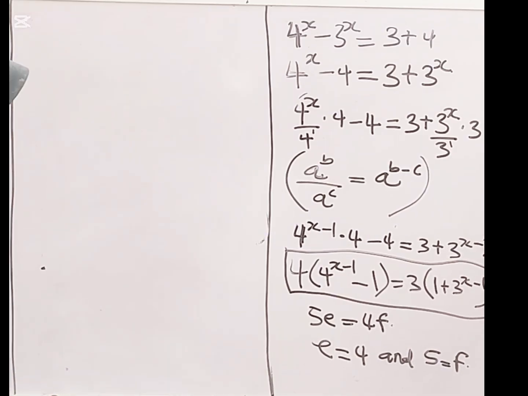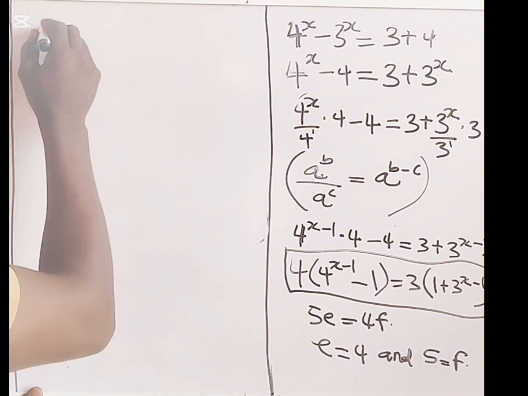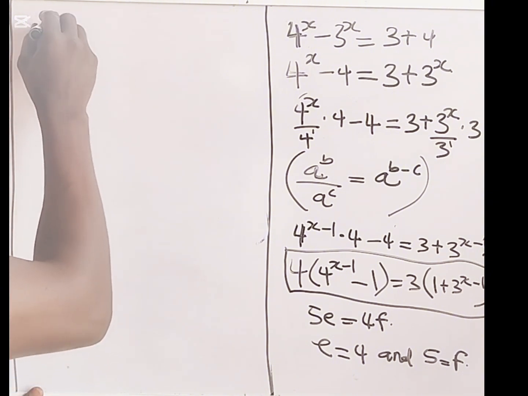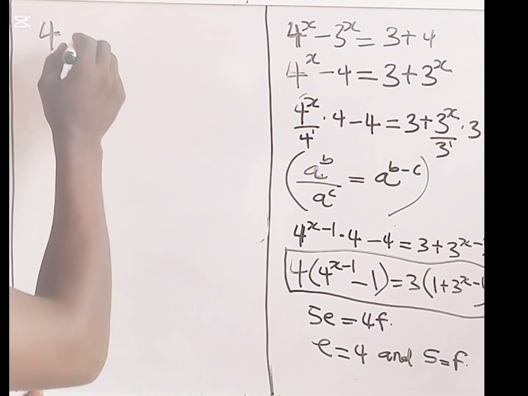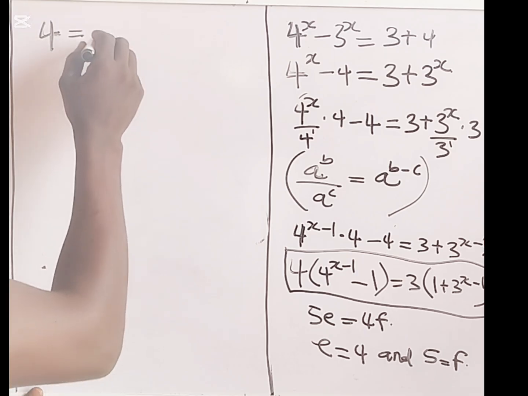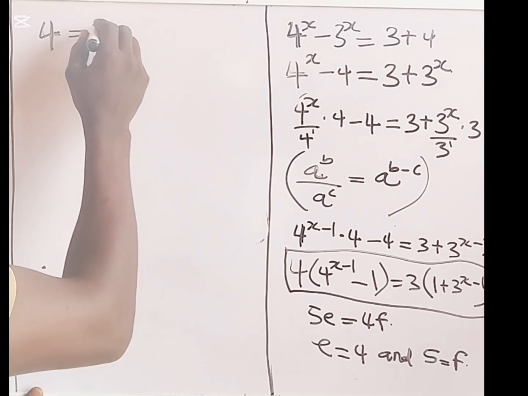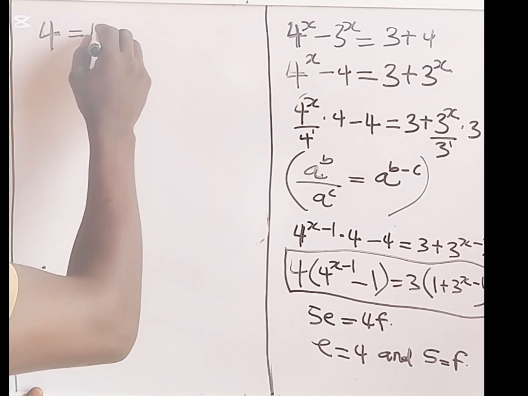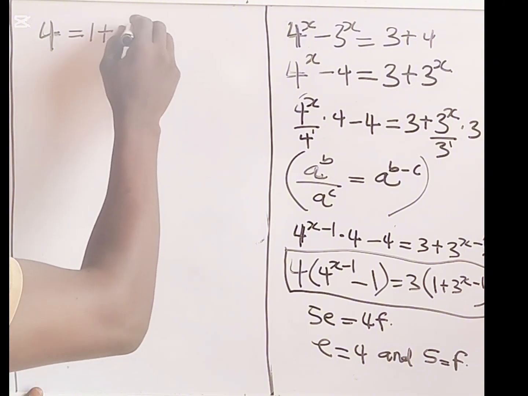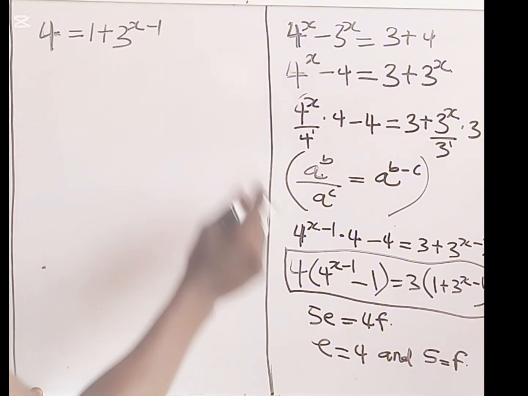When we do that, we are going to get 4 is equal to 1 plus 3 raised to the power of x minus 1.